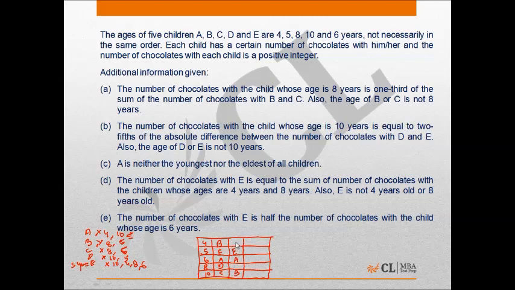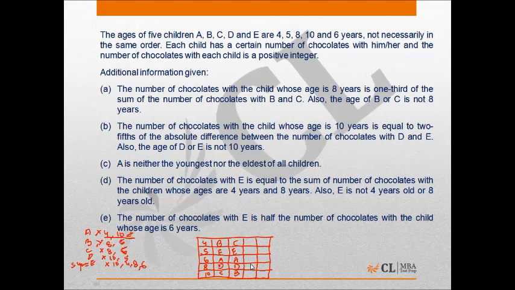In that case, the age of C will be 4 years and that of D would remain 8 years. The age of A can be 8 years also from this observation.